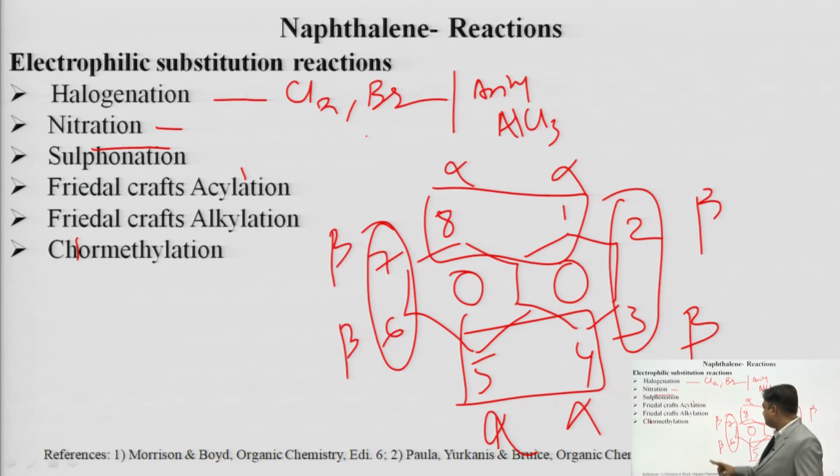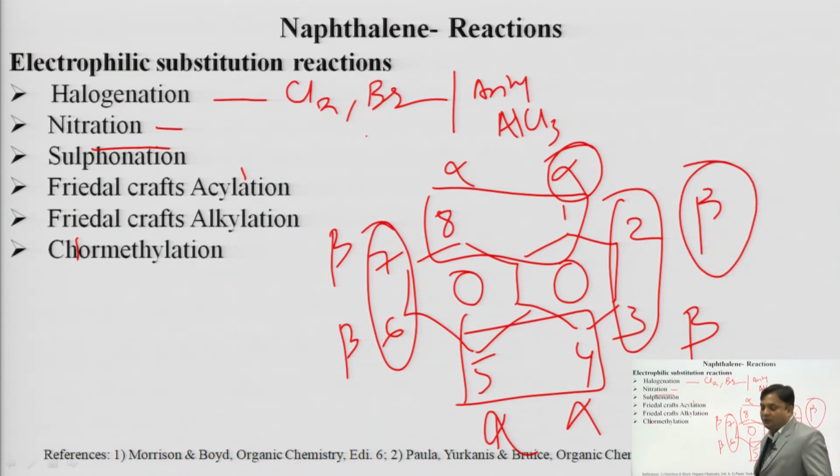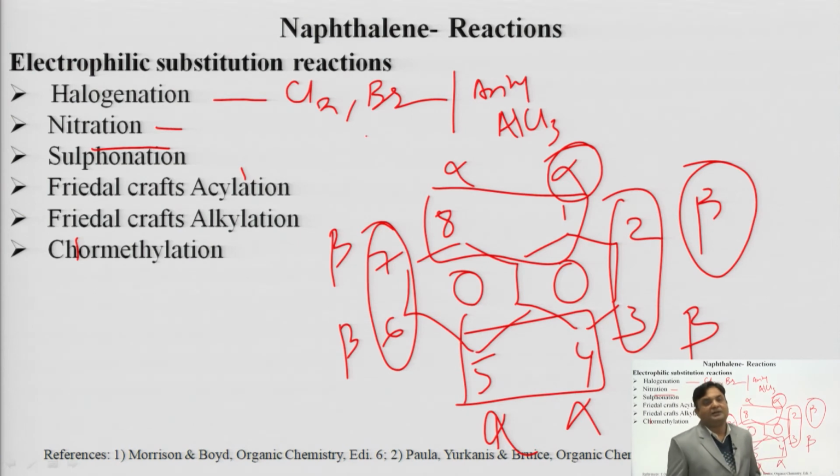So, when we go for substitution on naphthalene, there will be two possibilities. Electrophilic substitution either takes place on the alpha carbon or on the beta carbon. How can we know at which carbon electrophilic substitution will take place?